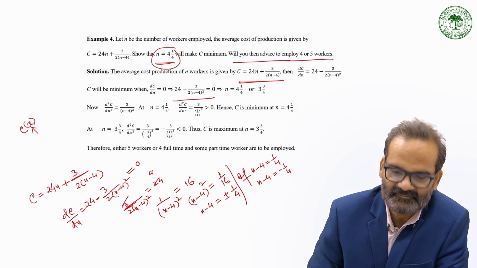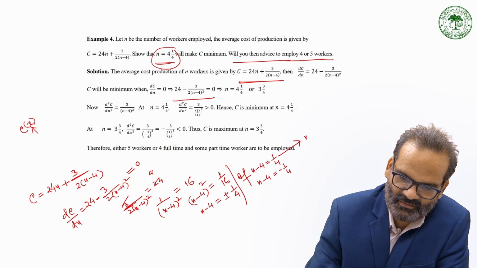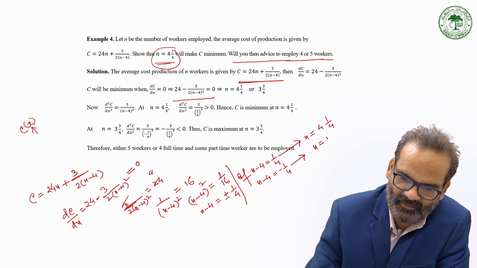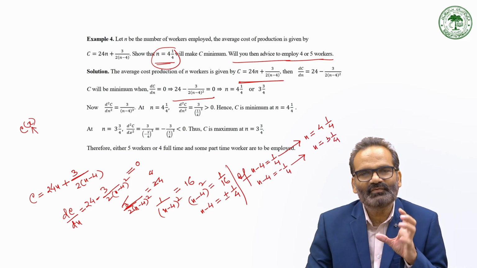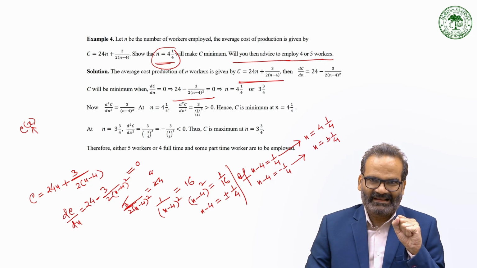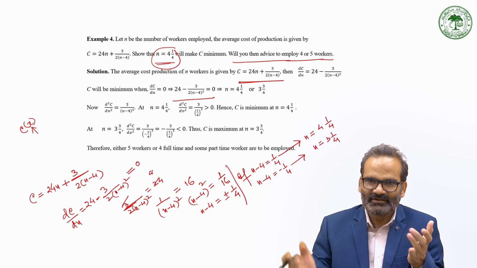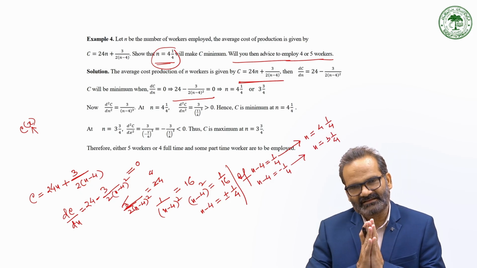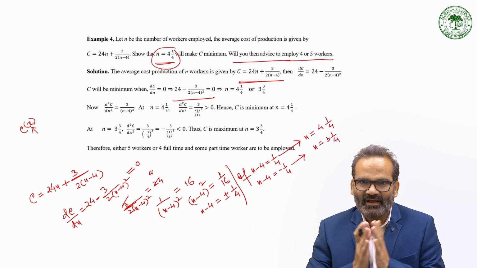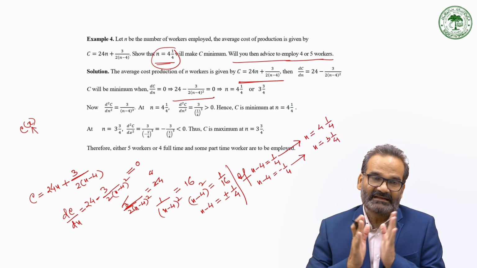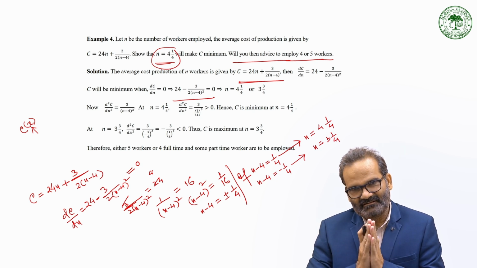In case 1, the value of n will come out to be 4 and 1 upon 4. In case 2, the value of n will come out to be 3 and 3 upon 4. So these are the two values of n which we can calculate by using the simple concept of maxima and minima, and these two values of n are known as stationary points.